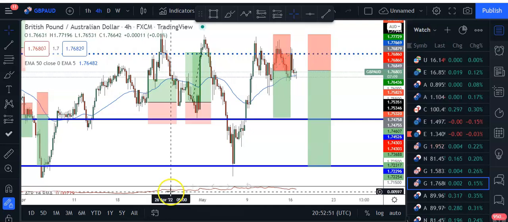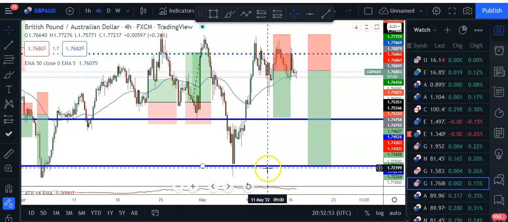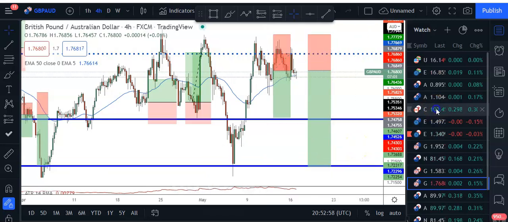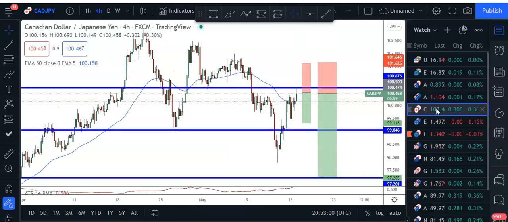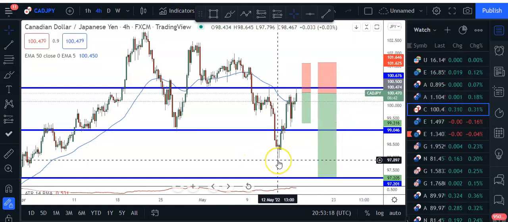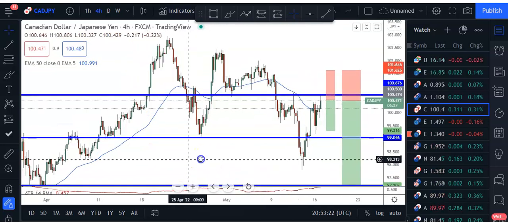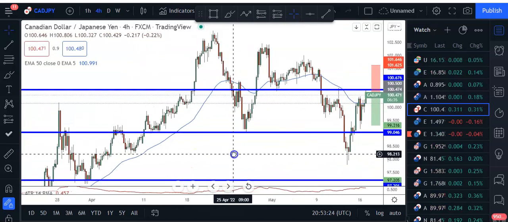So today I want us to do our analysis on the CAD JPY, because I've seen some very interesting structure that this pair has made. I've been watching this pair for some time now, so I've actually got to catch this nice structure that I'll be showing you right here.